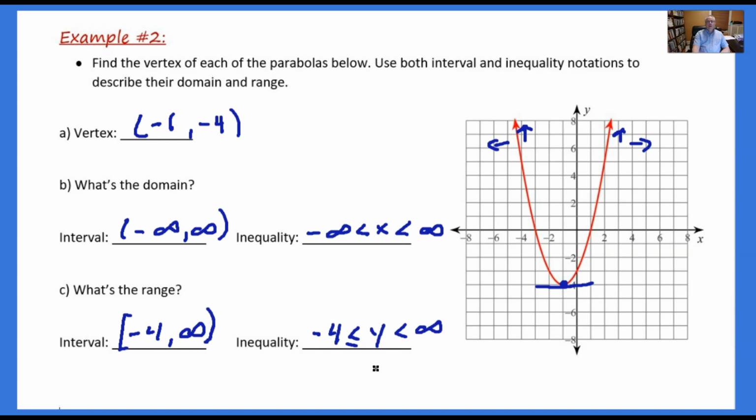Now, we actually don't need this less than infinity here. It's not wrong, but all we really need to know is that y is greater than or equal to -4. It's going to be less than infinity if that's true. So we're just going to rewrite this like that. Okay? But that's really about inequalities and intervals, not about the graphs of parabolas.